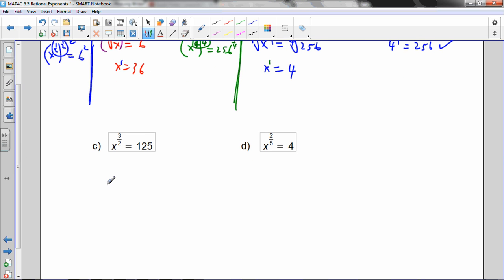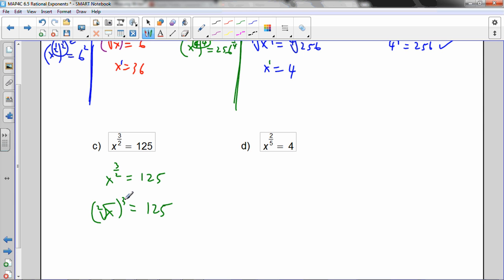So in these next problems, I have x to the exponent 3/2 is 125. And how the heck am I going to answer this? Well, this seems like there's stuff all over the place, because I know that 3/2 means the square root cubed, right? So this is what this means, and this is more familiar for me.